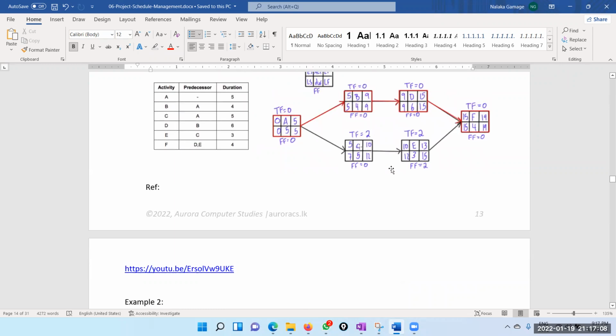For example, here you can delay this task by 2 days without affecting the project delivery. And also here the free slack and total slack is the same, because here the earliest finish is 10, earliest start is 10. The late start is 12. So again, therefore both the free slack and the total slack is the same.